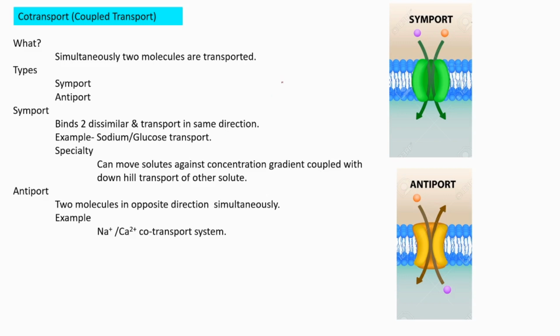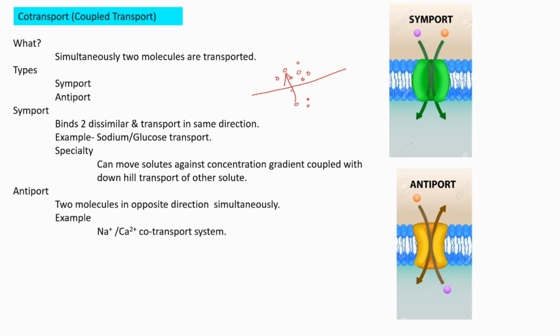This symport doesn't need any energy, and it always takes place downhill in the direction of the concentration gradient, still it can transport solutes against the concentration gradient. How? That I am going to show you. If this is the plasma membrane, and the concentration is this much for this molecule, and here it is only this one, and we need to transport it against the gradient. How does it happen?